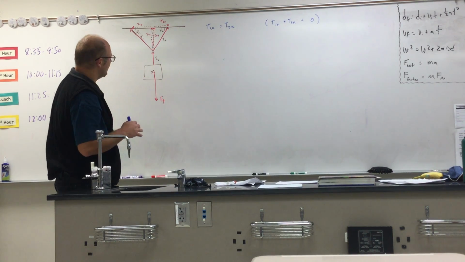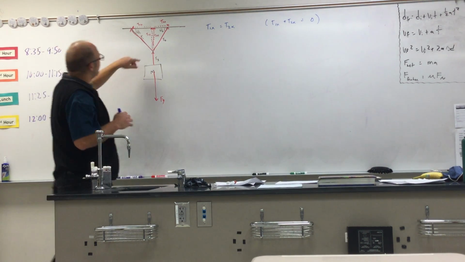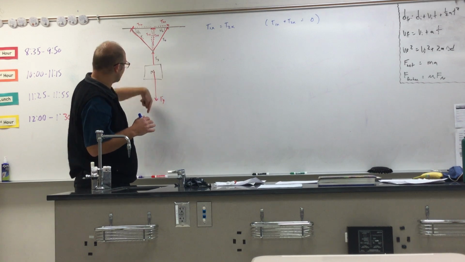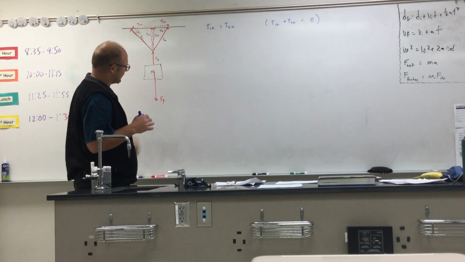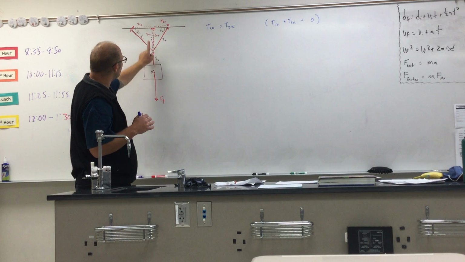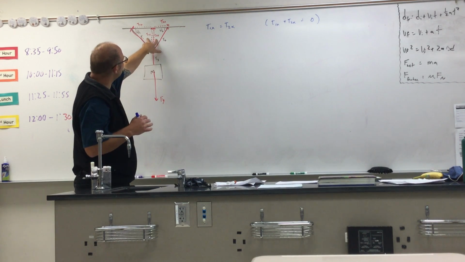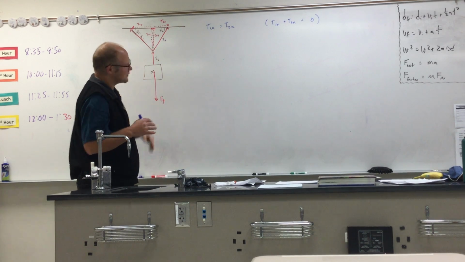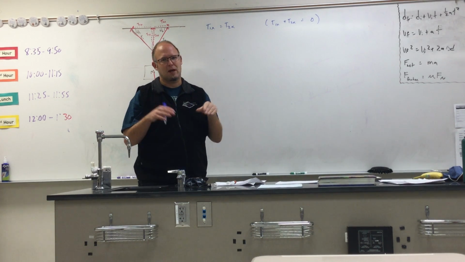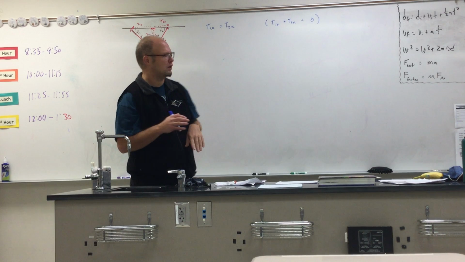What do we know about the y direction? The force of gravity is pulling the mass downward, but the combined effect of these two upward y forces is going to completely cancel it out, because we assume the object is not accelerating in the y direction.